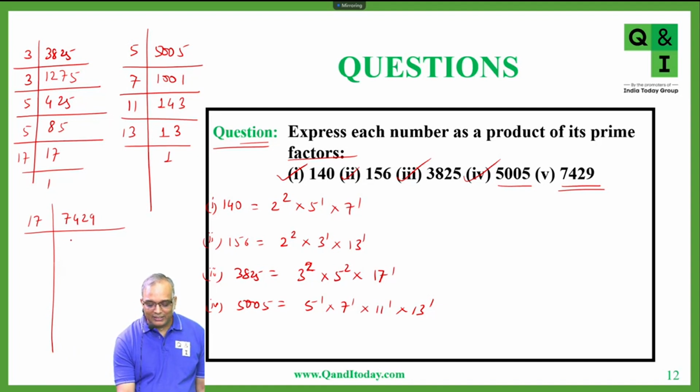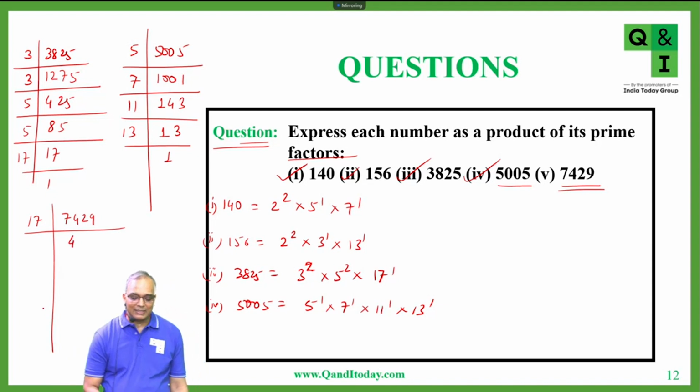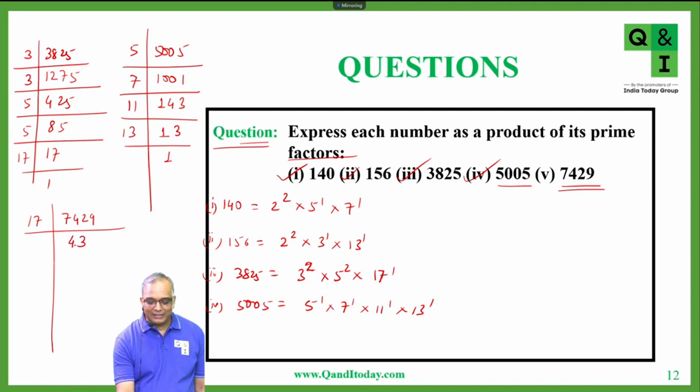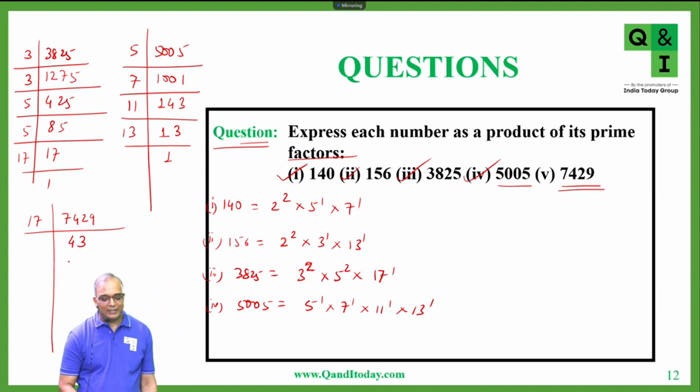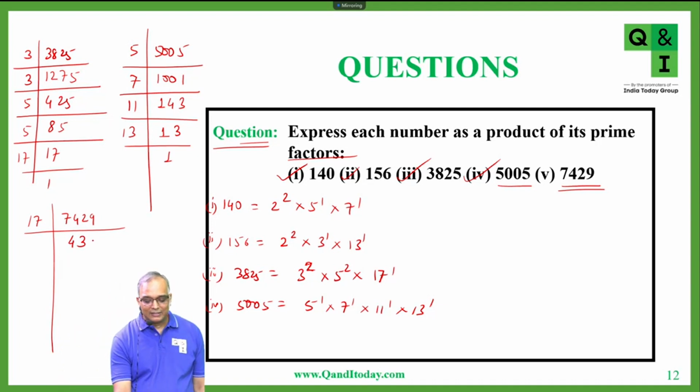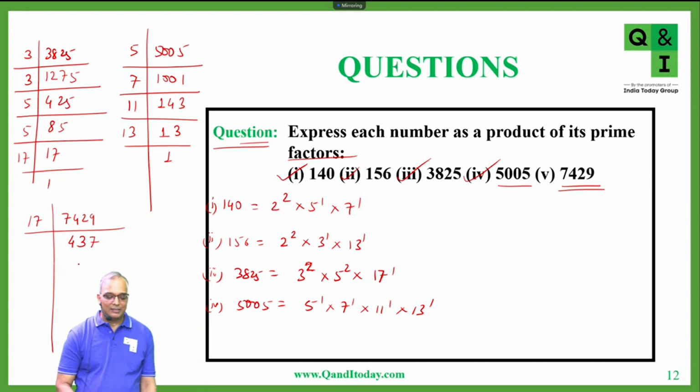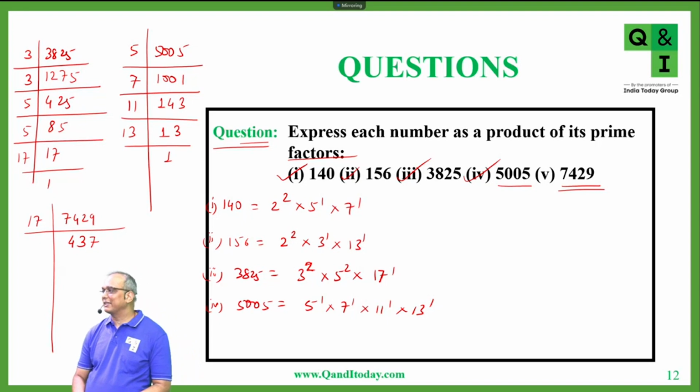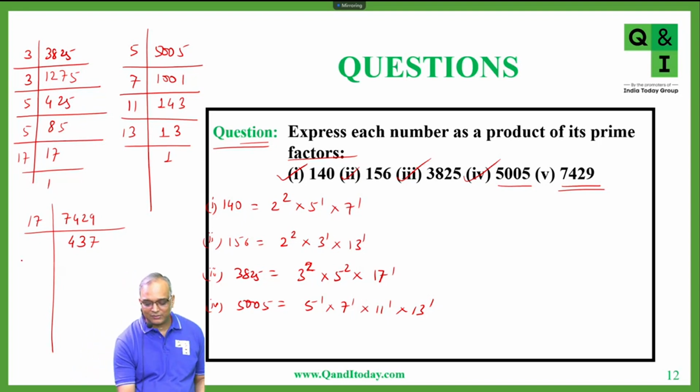17 4 times is 68, and then 62. 17 threes are 51, and then 119. So 17 7 times is 119. Yes, Jovin, it is correct. Devi Maya, it is correct for you as well.